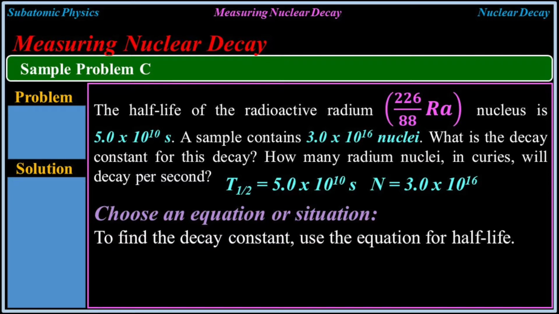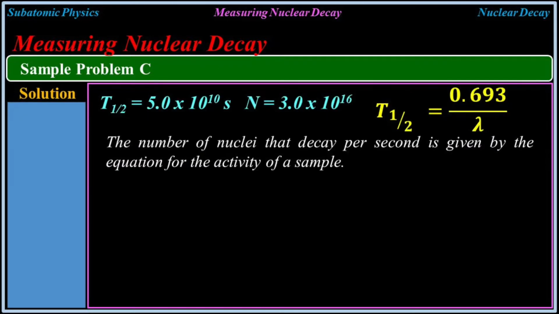Choose an equation or situation. To find the decay constant, use the equation for half-life, which is listed. Half-life is equal to 0.693 over lambda. The number of nuclei that decay per second is given by the equation for the activity of a sample.